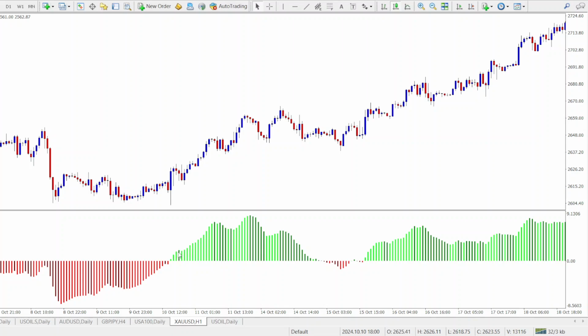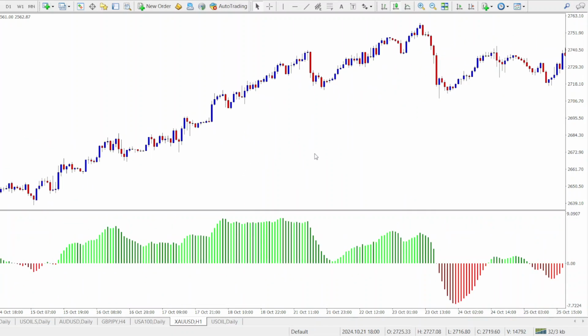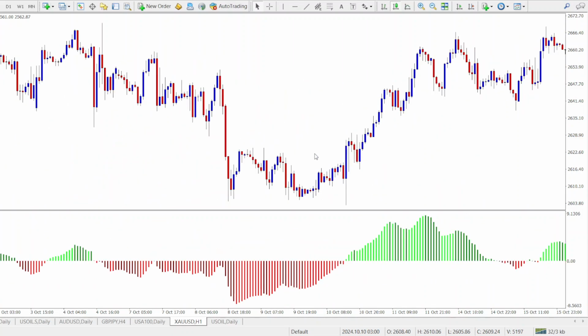Okay, so you can enter a buy trade after the first green candle forms above the zero. When you enter a buy trade, just set your stop loss below the swing low, and then for your take profit, you can decide to target the next resistance zone, or you can use any other indicator of your choice for confirmation, or you can just as well wait for the histogram bars to flip back below the zero level to exit your buy trade. Then in the case of a sell, the reverse is the case.